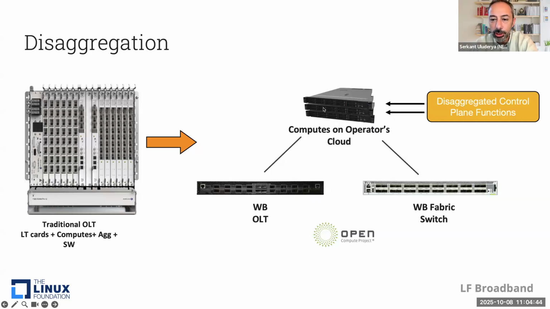These compute nodes could even be public clouds like AWS, or it could be the operators' private data center. And this gives you the ability of easier management, of course, and also easier software updates. And most importantly, you don't rely on any specific software coming from a specific vendor.